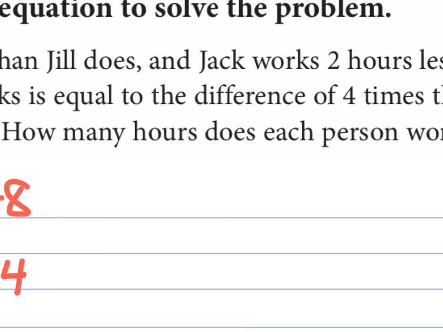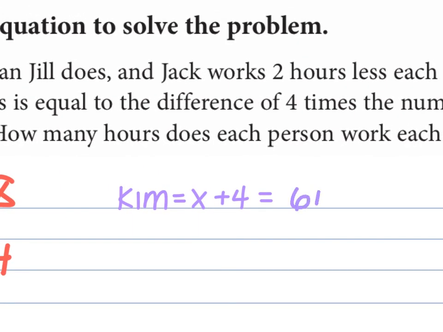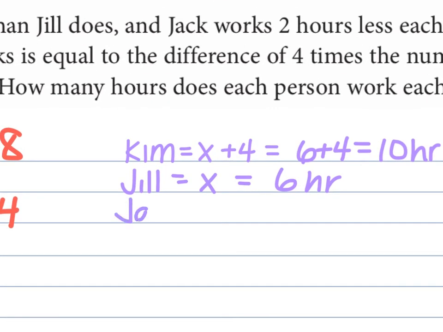So for Kim, we had the x plus 4. If x is 6, this is going to be 6 plus 4, which is 10 hours. For Jill, we just had x, which is the 6, so that's 6 hours. And then for Jack, we had x minus 2, which is 6 minus 2, so that's 4 hours.